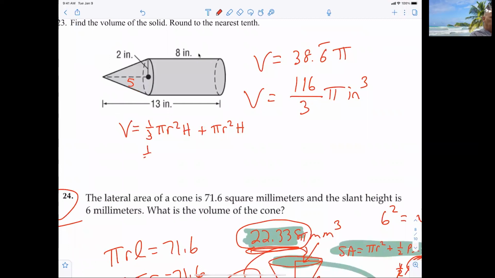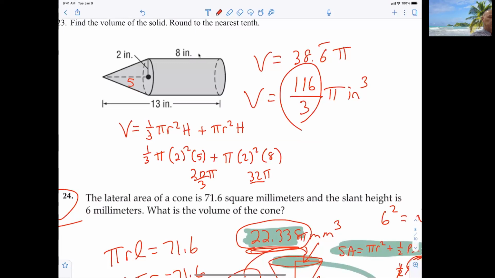So it's just 1/3 pi times 2 squared times 5 plus pi times 2 squared times 8. You agree with that? And then, of course, 32 pi down here, and this is 20 pi over 3. 32 times 3 is 96. 96 plus 20 is 116. All right. Yes, good.